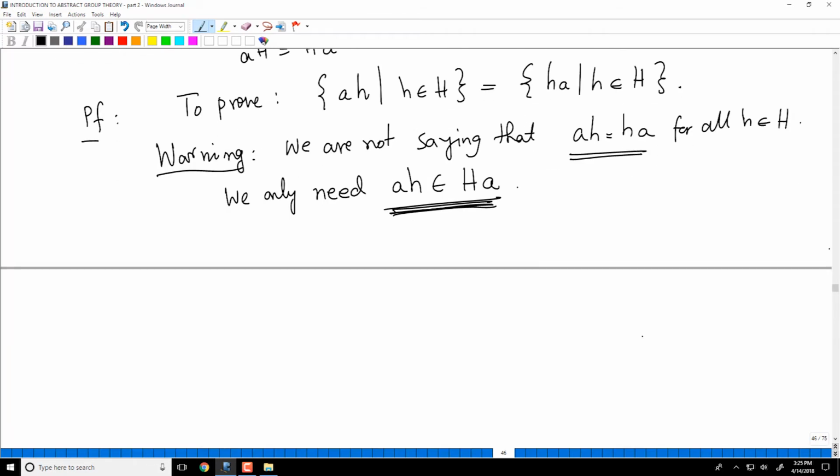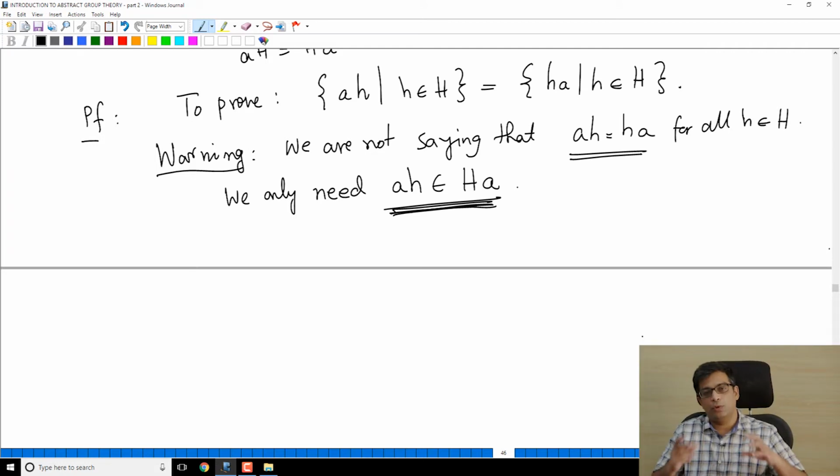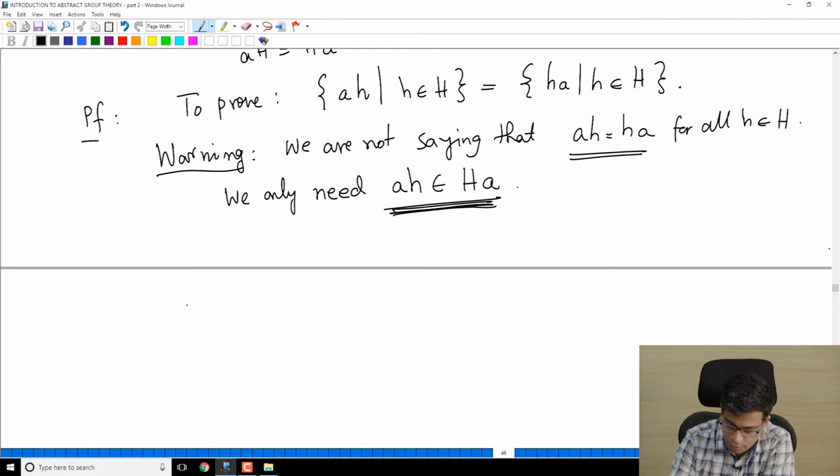So now let's prove these two sets are equal. How do you in general prove two sets are equal? You want to show that the first is a subset of the second and the second is a subset of the first. So to prove this equality, let ah be in aH.